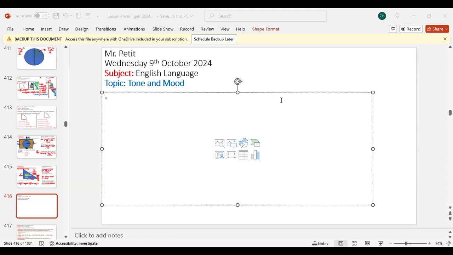Okay. Anyone else want to define tone for me? What do you think tone is? I remember it from school. Tone is like how the speaker sounds, like if they're mad or sad or happy.